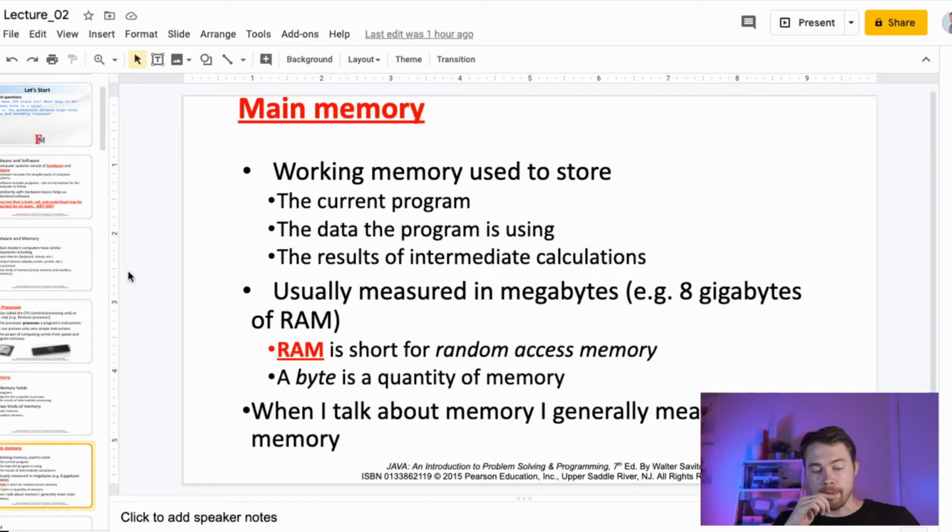Okay, main memory. Main memory is basically your RAM. That memory which you have on your laptops, like 8 gigabytes, 16 gigabytes, or 32 gigabytes, or 4 gigabytes, that would be your RAM. Working memory used to store the current program, the data the program is using, the results of intermediate calculations.